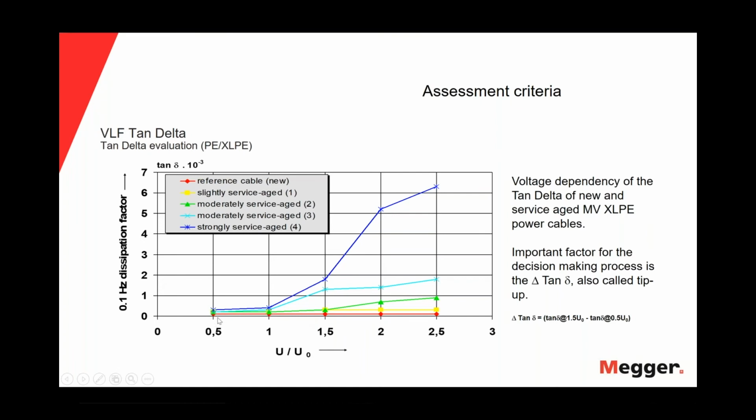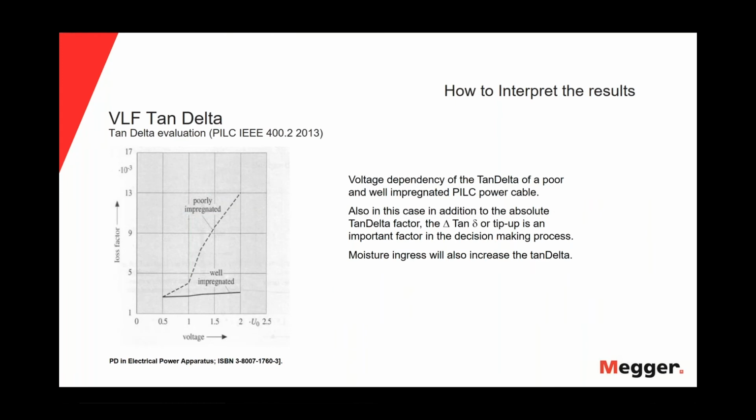But if we see the blue one, the graphic for a strongly service-aged cable, we see an increase of the values of the tan delta as we increase the voltage. So that means that we have a voltage dependency of the tan delta of new and service-aged medium voltage XLPE cables.